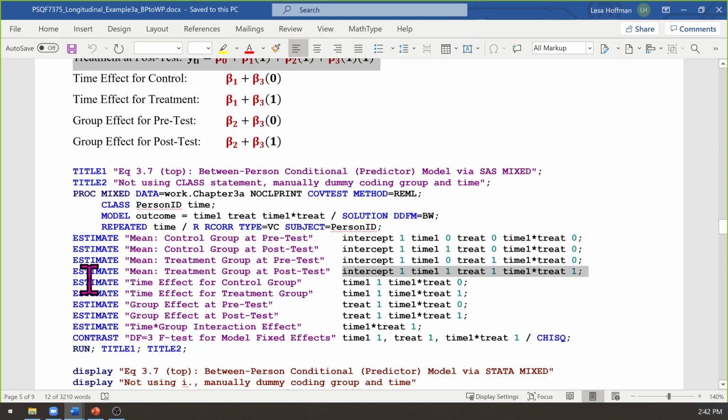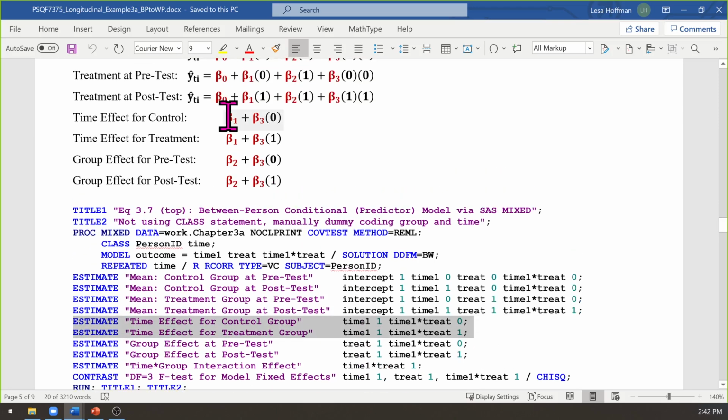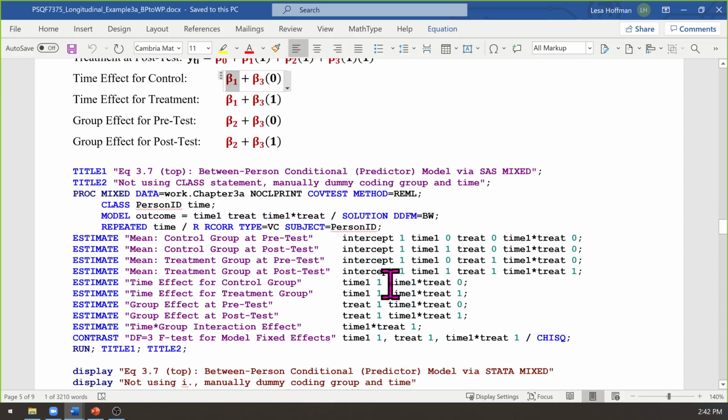For the simple effects of time, I start with just the word time, which is actually referring to beta 1. And then for the interaction term, I plug in the modifier. Who do I want the effect of time for with respect to treatment? If it's 0, I want the effect of time for the control group.